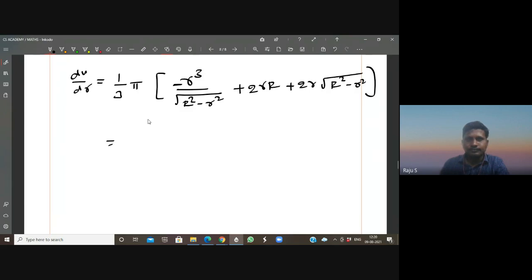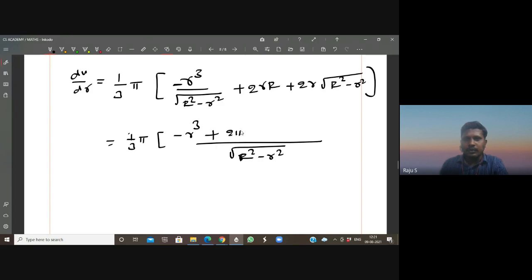Okay. 1 by 3 pi, then minus, take LCM. What is the LCM? Root over capital R square minus small r square. So here minus r cube plus 2r capital R root over R square minus small r square plus 2r times capital R square minus small r square.